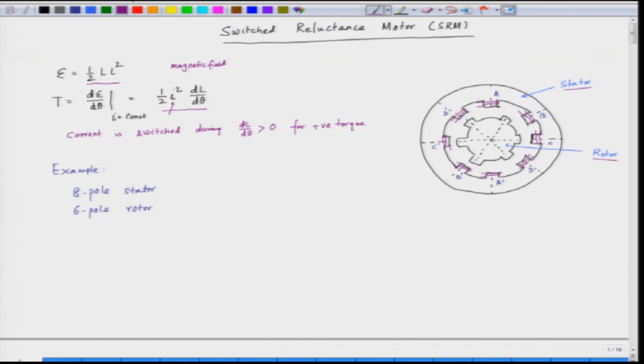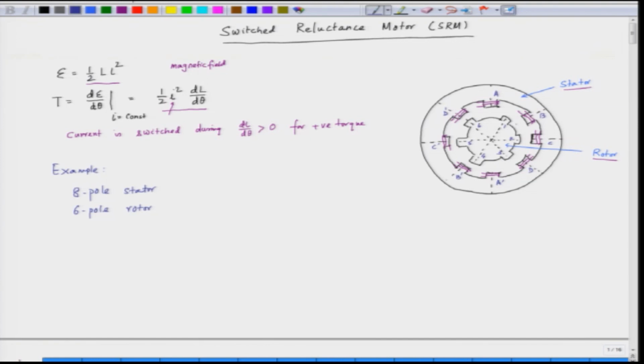The rotor has got 6 poles, we can name them 1, 2, 3, 4, 5 and 6, and the rotor does not carry any winding, it is just a plain slotted rotor.